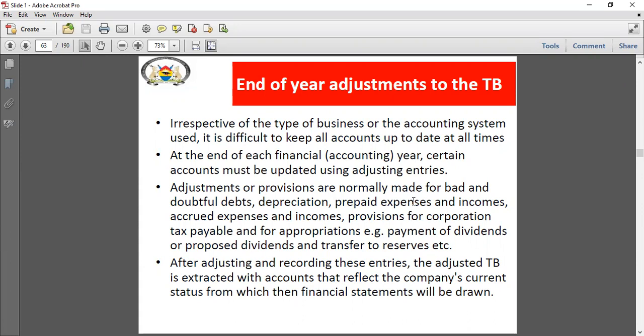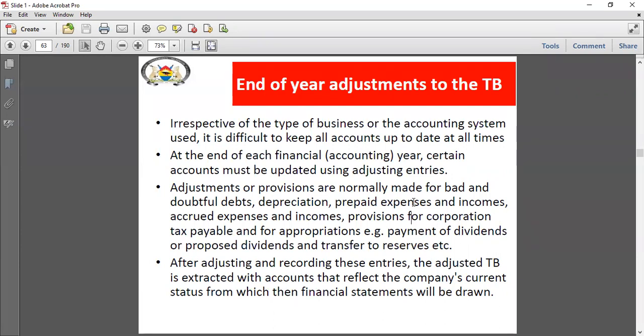So we shall go ahead to put some amount of money within our prepaid expenses. Prepaid expenses are usually current assets of the business, but in some way or the other, they can also be non-current assets.